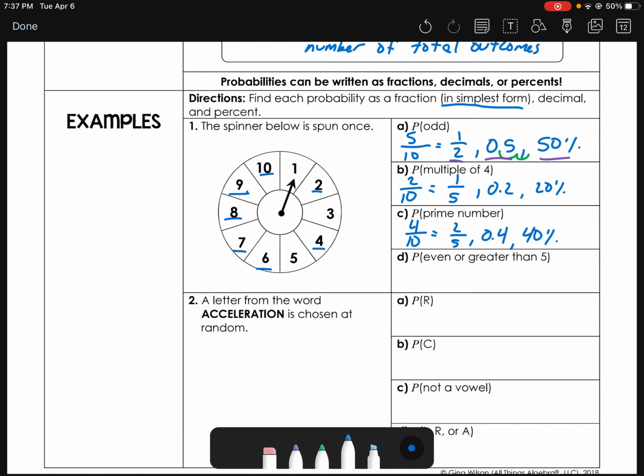So if I count all the ones that would match up with that event, I would have 7 out of 10. Luckily, that is already a simplified fraction. We don't have to divide the top or bottom. If I divide 7 by 10, I would get 0.7. Move the decimal place over 2 times, 70%.